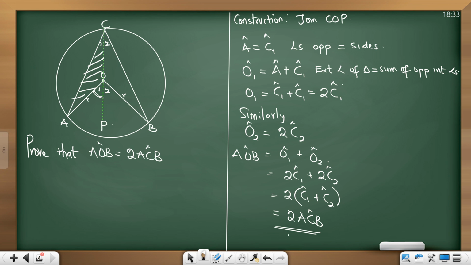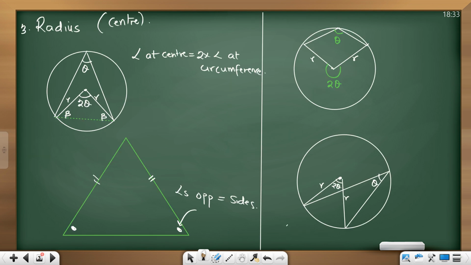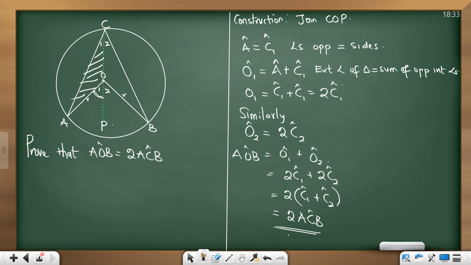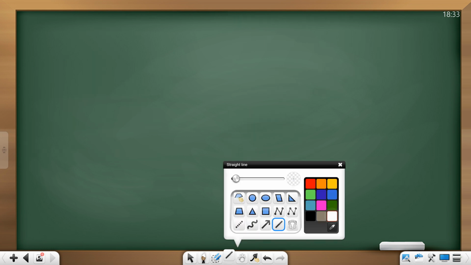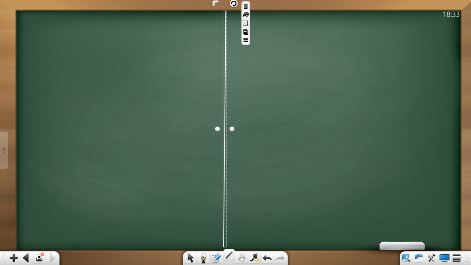So whenever you see the radius, how many things are you thinking about? 2. What are the things you're thinking about? Angle at the center, and angles opposite equal sides. I'll remind you of all of these things. What's our next letter? S. We're going to talk about same, and I'm also going to use equal.